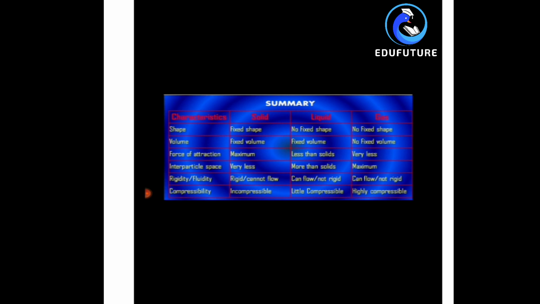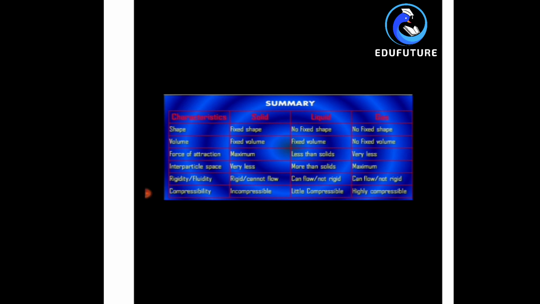Here comes the summary of the topics which we have covered in this video till now. This will precisely summarize all the points which we have discussed. Shape. Shape of solid is fixed.